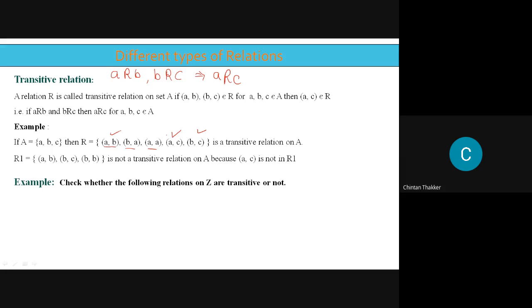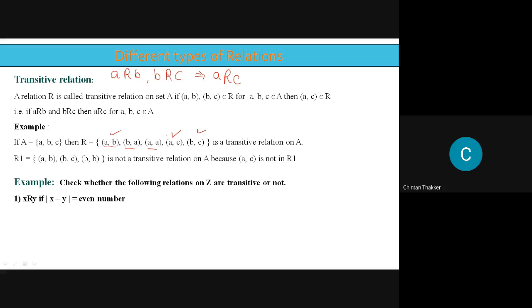So again, for the set of all integers, we take the same first one: x is related to y if mod of x minus y is an even number.